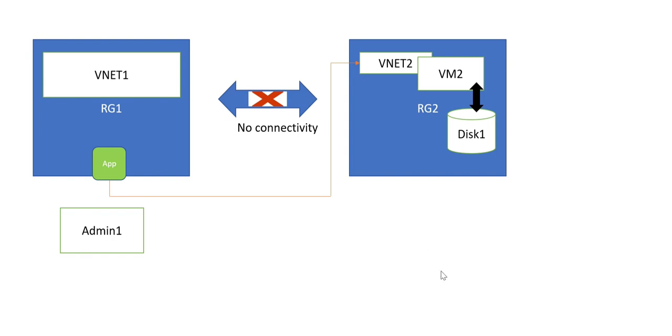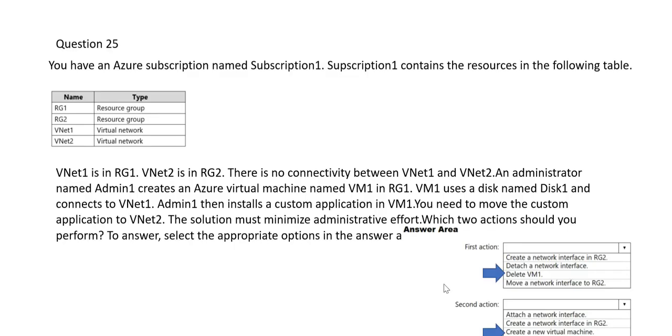Our app comes back here because our app data was in the disk. We have just mounted the disk to VM2, so the app data is available, and this is how the app has been moved with very little administrative effort. It is less because we are not doing a disk to disk migration. So these two are the right answers.